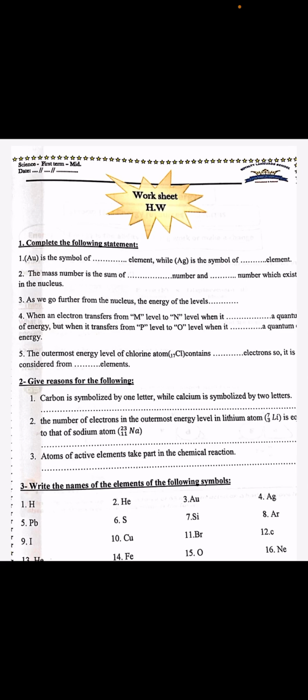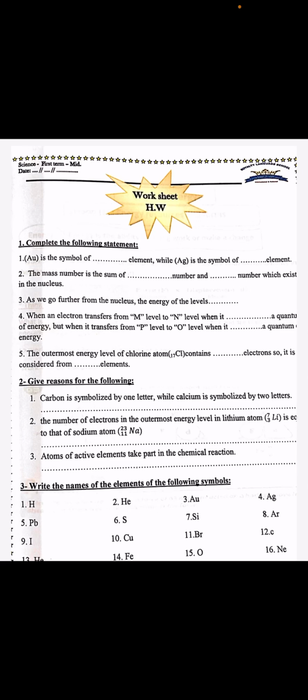Because the outermost energy level contains less than 8 electrons, between brackets, not completely filled, so it can enter the chemical reaction and change into a stable atom.